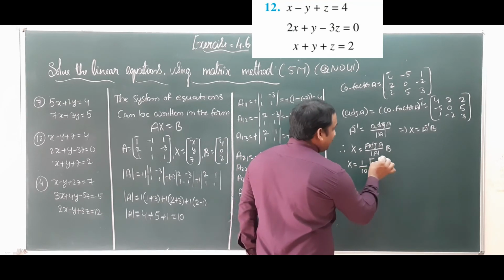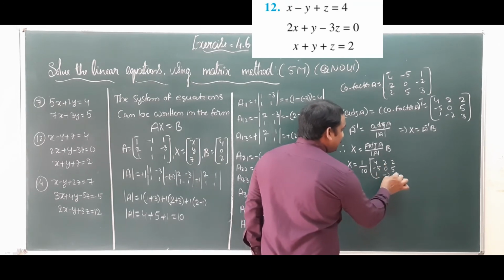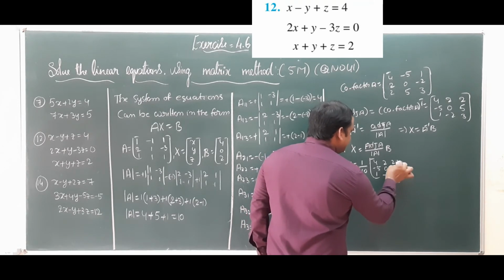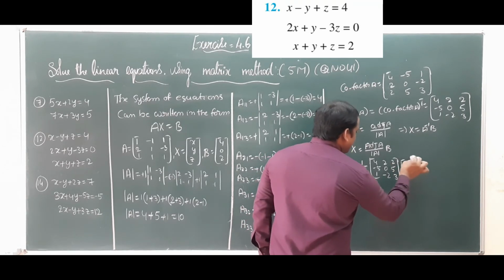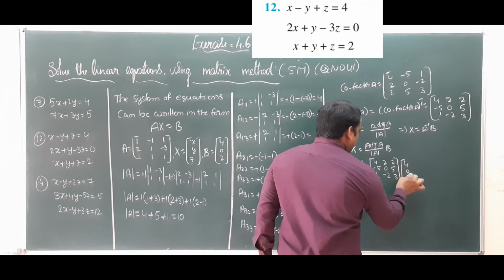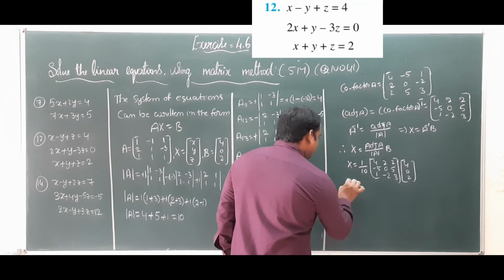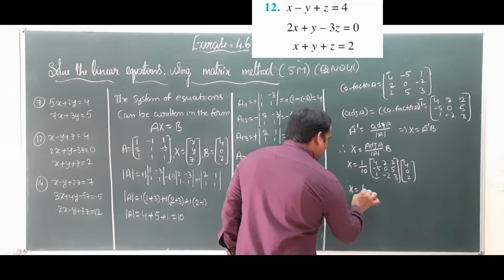Now adjoint of A 4 2 2, minus 5 0 5, 1 minus 2 3, into B matrix 4 0 2. Now x equal to here 1 by 10.